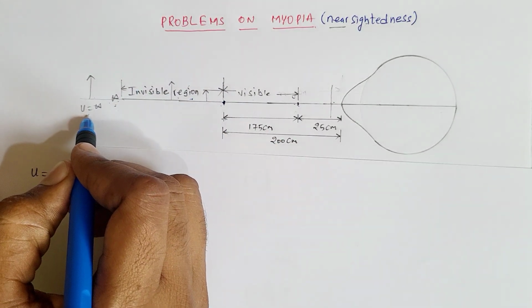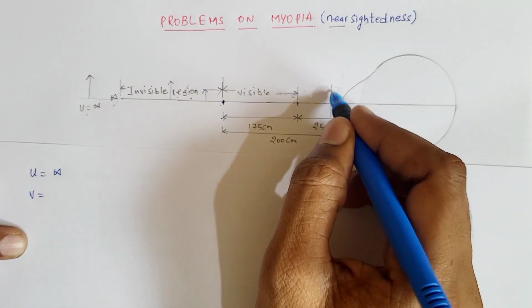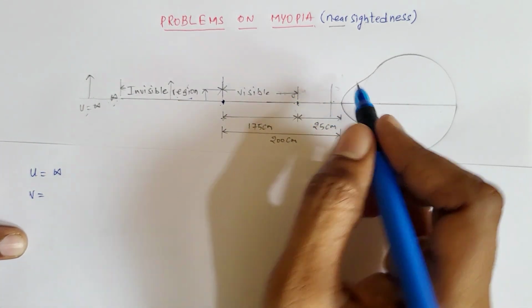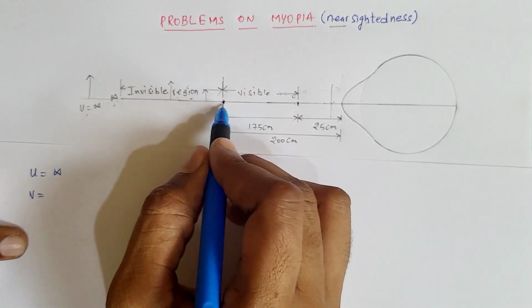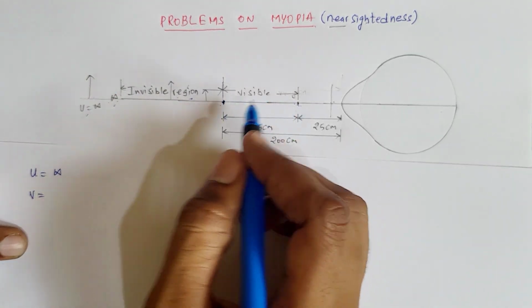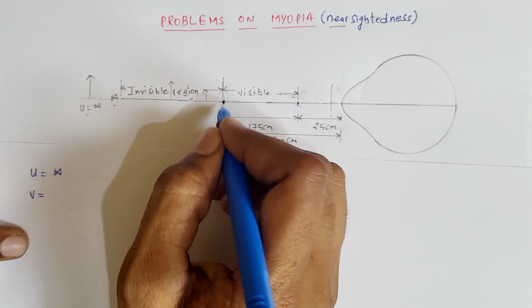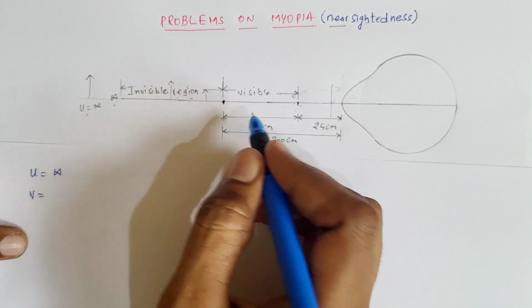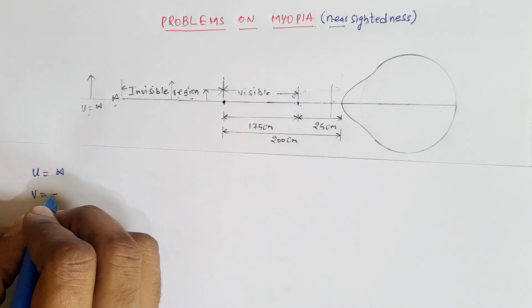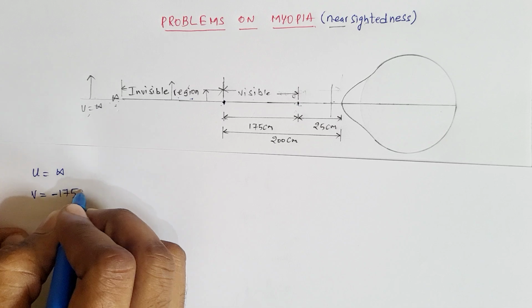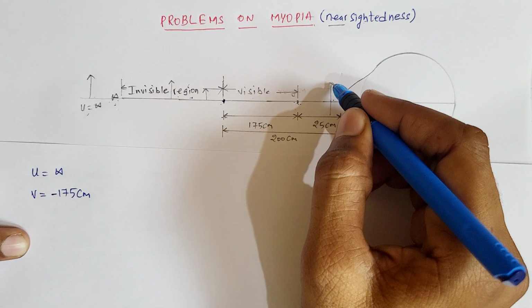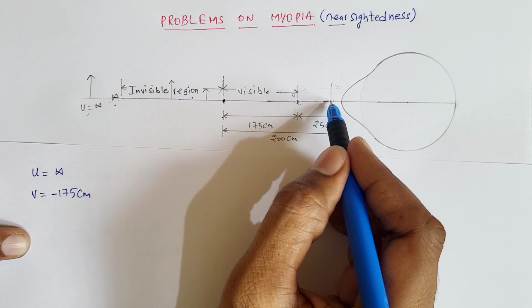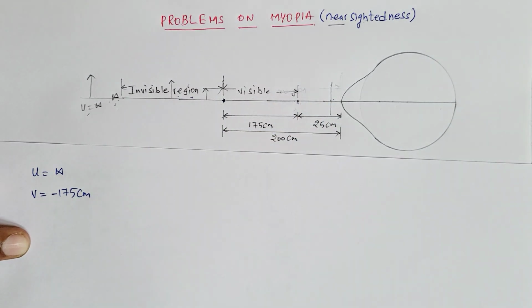This lens should create an image of the object placed at infinity within the visible region of the person. The visible region starts at 175 centimeters. So V is equal to minus 175 centimeters. Why minus? Because the image is on the left side of the lens.